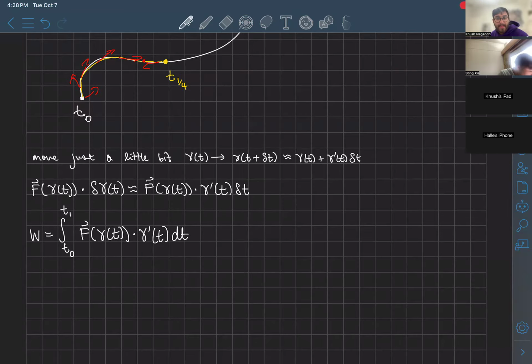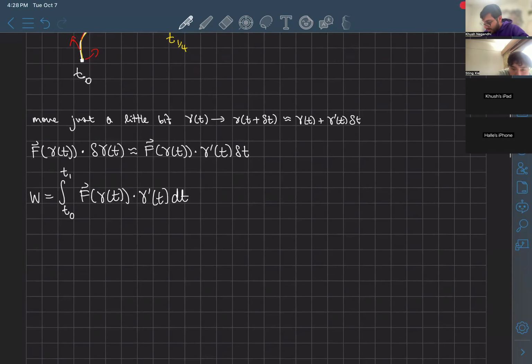And so we can rewrite this in this form. So it's the integral over a curve, right? I'll explain the distinction between C and gamma in a bit. F dot dl, okay? And I'll explain what these are.